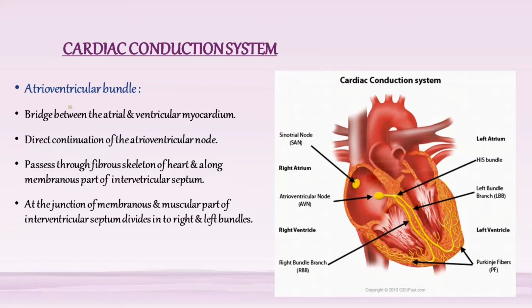It is a bridge between the atrial and ventricular myocardium, and this AV bundle is responsible for transmitting impulses from the atria to the ventricle. Second, it is a direct continuation of the AV node. Look at the picture. This is the AV node. This is the AV bundle, which is also called the bundle of His.